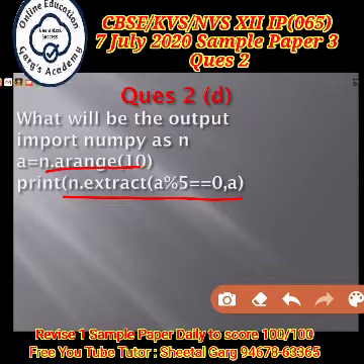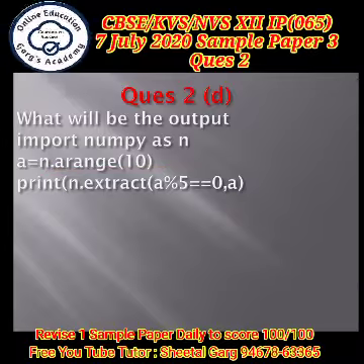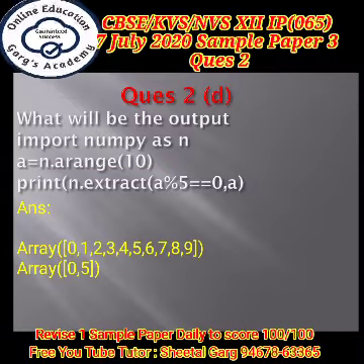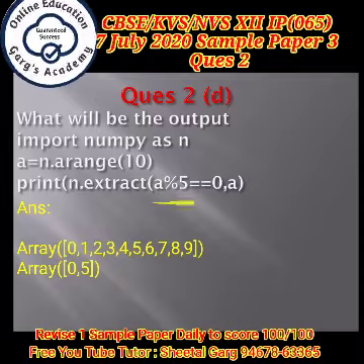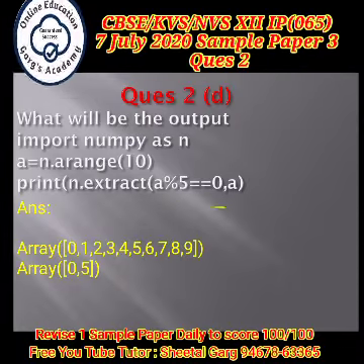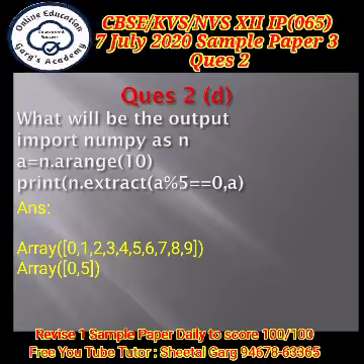First of all it will create an array with the function arange(10). So what will the array created be? The array will have elements from 0 to 9. After creating the array, it will retrieve only those elements which are divisible by 5. It will have only 2 elements: 0, 5.